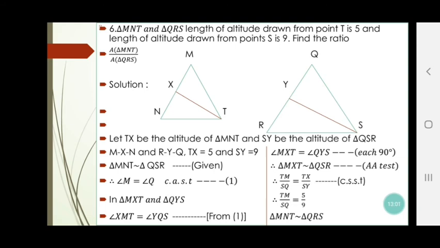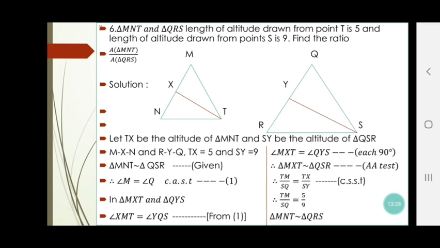Now in problem number 6, triangle MNT and triangle QRS are similar triangles. Length of altitude drawn from the point T is 5 and length of the altitude drawn from point S is 9. We are supposed to find the ratio of area of triangle MNT upon area of triangle QRS.